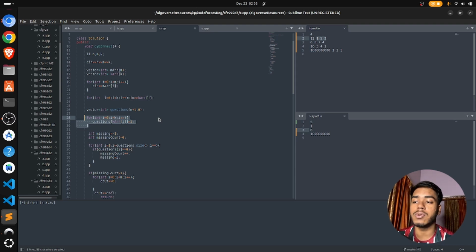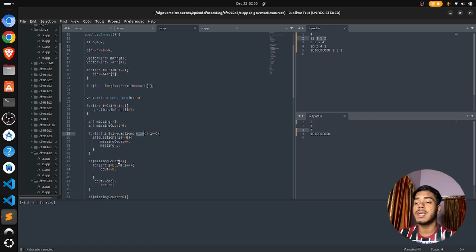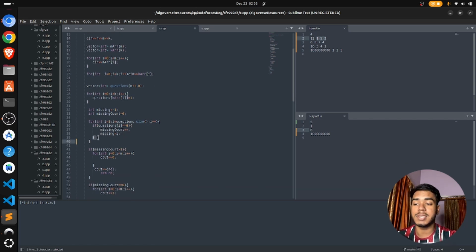At first the questions array was all 0, and then we mark each of them. Then I have declared something like missing and missing count. We iterate from 1 to n, and if questions of i equals 0, then it is missing, so missing count is incremented and you store the missing question.